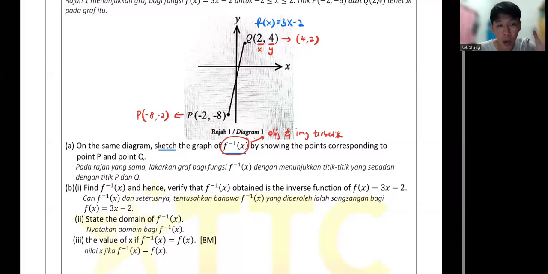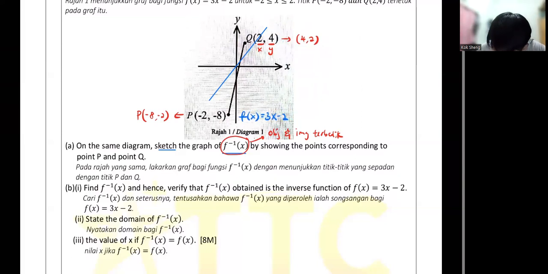Okay, so now how are we going to draw it into the graph? We have to draw this straight line first. This one, move aside first, it's blocking the graph. You can see my line here.